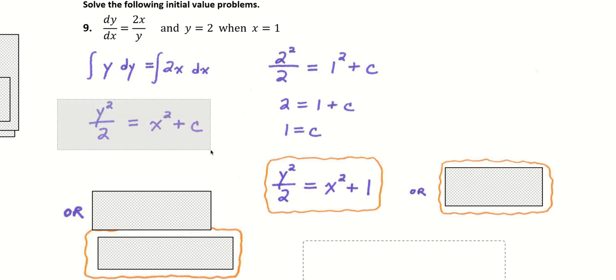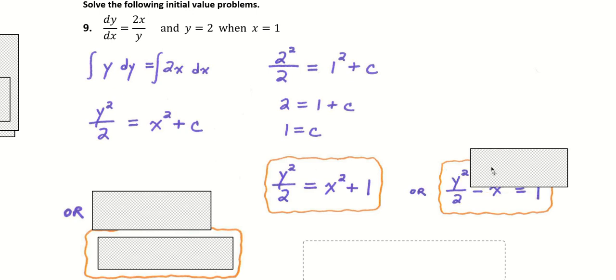But plugging in your initial values, you end up with c equals 1. So you plug it back in for c and you get this. Maybe what's here is if you actually tried to get y by itself. I'm not going to get too picky about final answers.